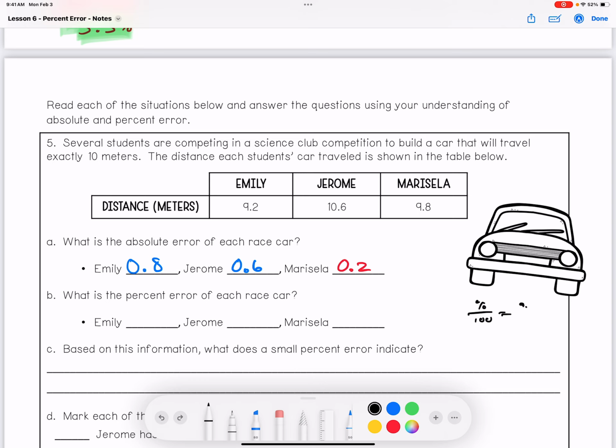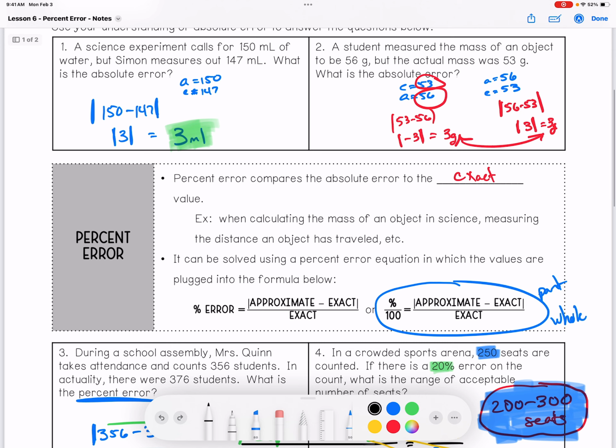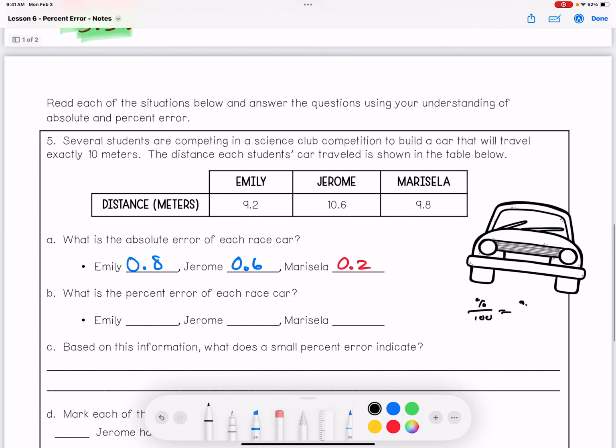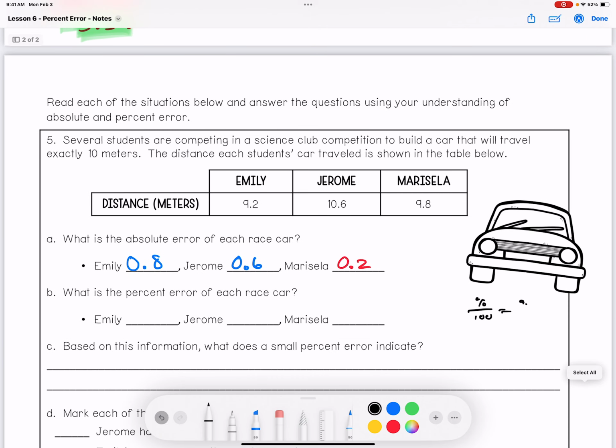We've already found the change, so we don't need to. Let me go back. Notice that this part is the same as that part. So if I've already found the error, I can just plug it in right here. So I've already found her as 0.8 over the original, which was 9.2. So I've already found the change.